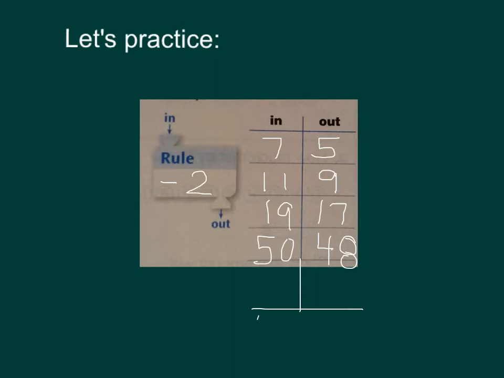So let me think, how about if we use the number 34? So boys and girls, right now I want you to look at your number grid and figure out what number would come out if we use the number 34. That's right. The number that would come out is 32.